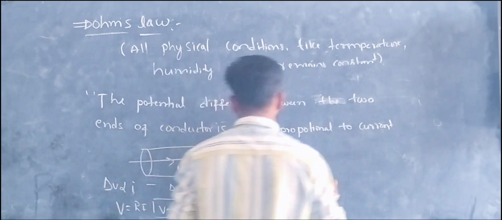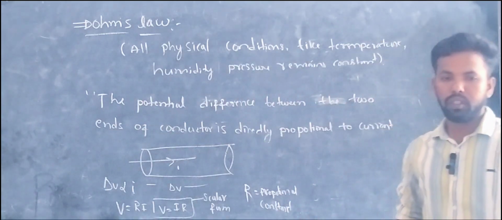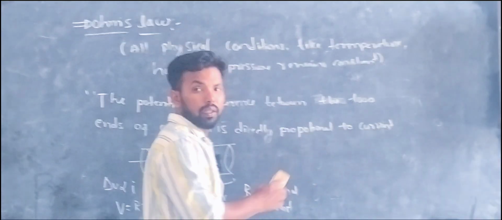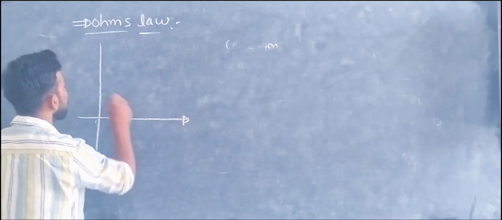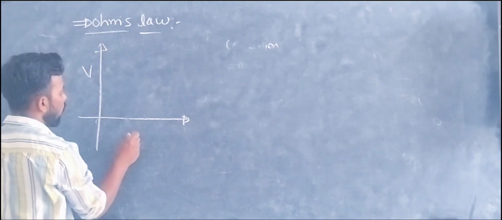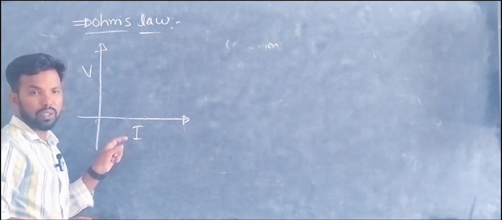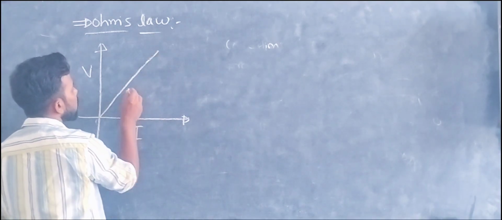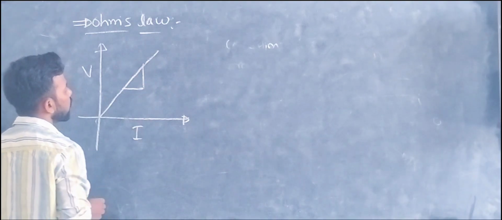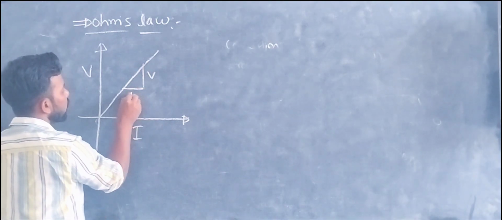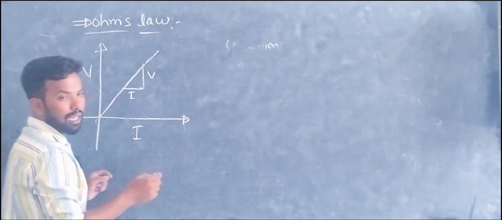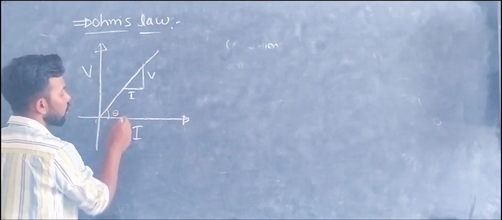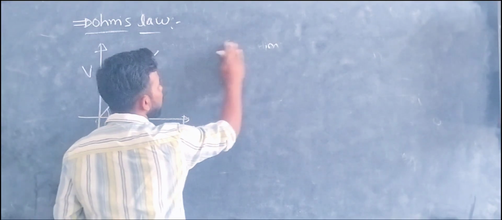Else, we can also take the slope of voltage and current. In 10th standard you learned slope. Here this is V and this is I. Slope means tan theta.